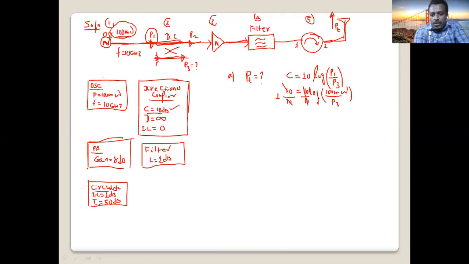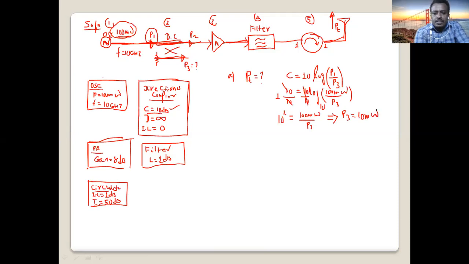To remove the logarithm, this is base 10, so we make 10 to the power of 1, which will be 100 milliwatt divided by P3. Right? So from here you can calculate how much power goes to port number 3, which is how much? 100 divided by 10, 10 milliwatt.